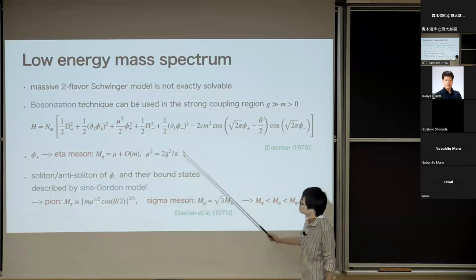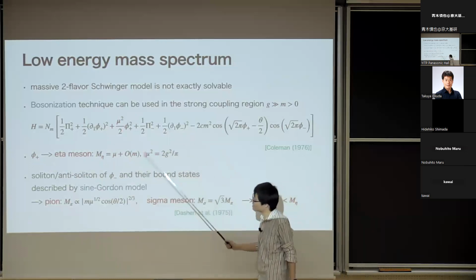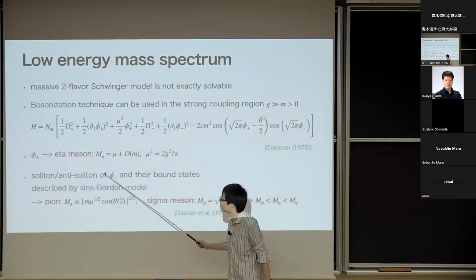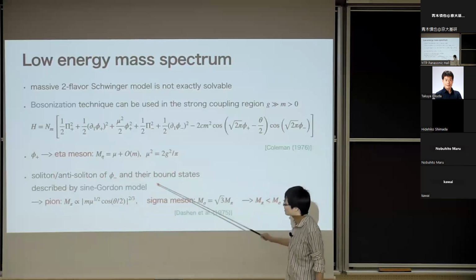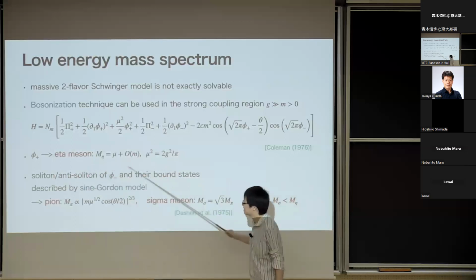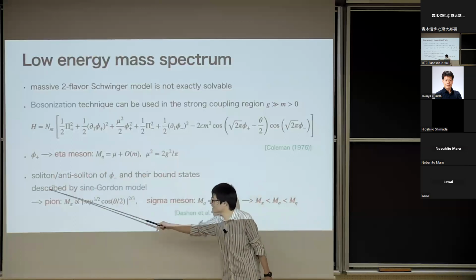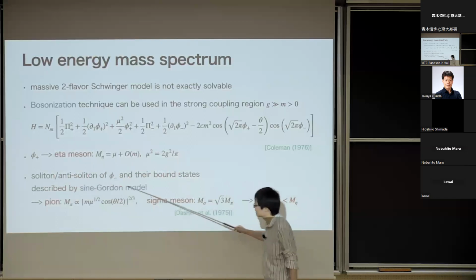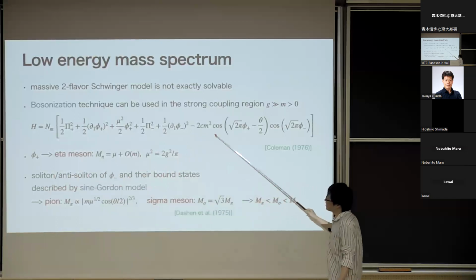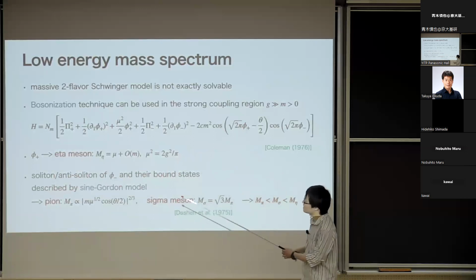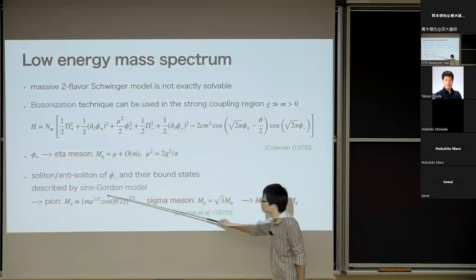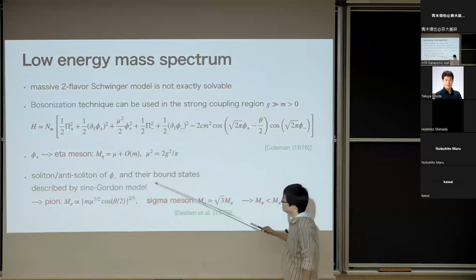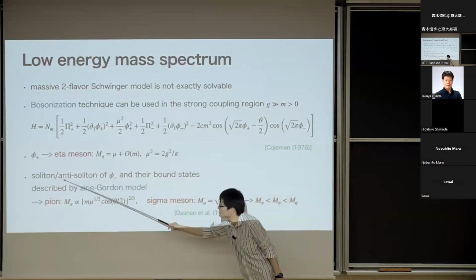And there is a soliton and anti-soliton of phi minus, and also the bound state of these soliton and anti-soliton. This kind of thing is described by the so-called Sine-Gordon model. In fact, if we can ignore the propagation of phi plus in this model, it reduces to the Sine-Gordon model, and this model describes this kind of soliton state.